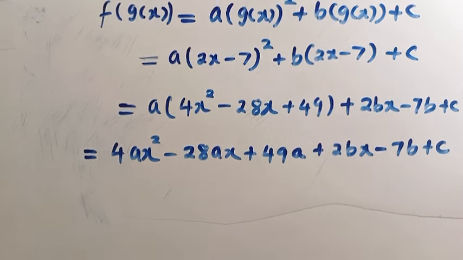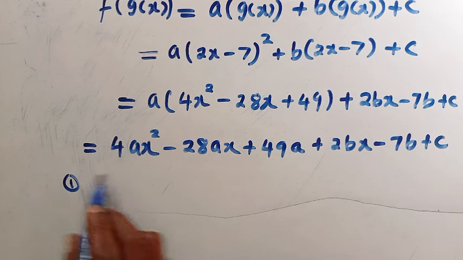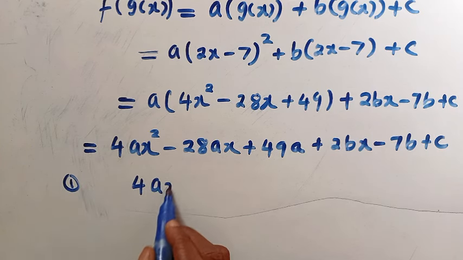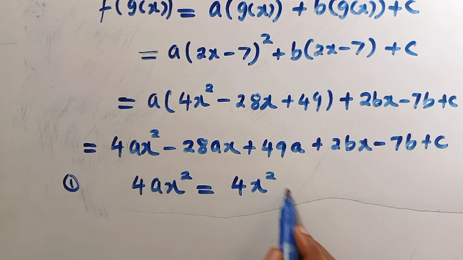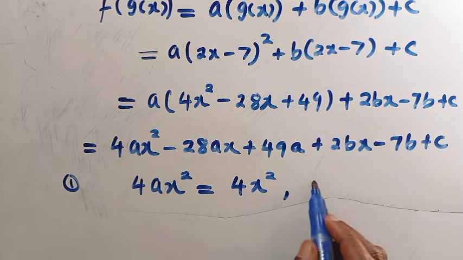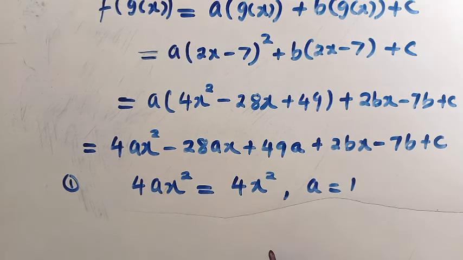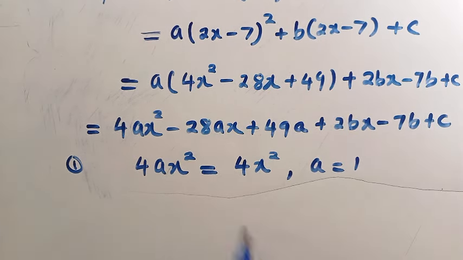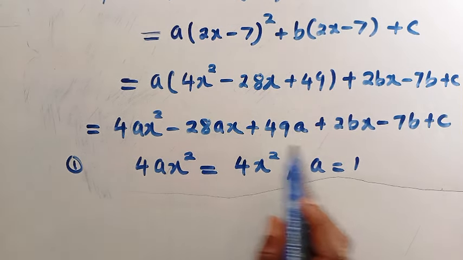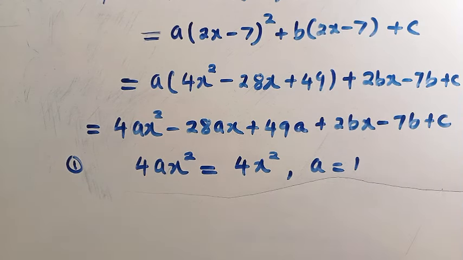By trying to compare the coefficients, the first one, which is 4ax squared, will be equal to 4x squared. And with this, our a here equals 1. And to get the value of b, there is x here and also x here.